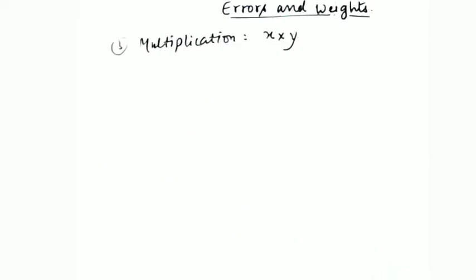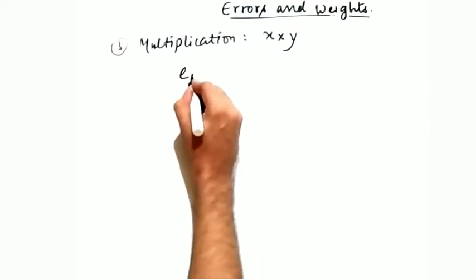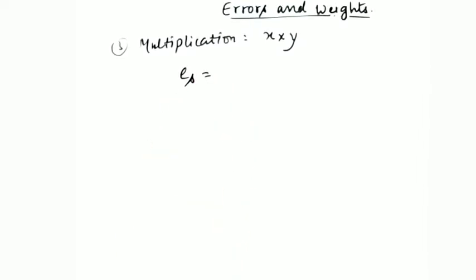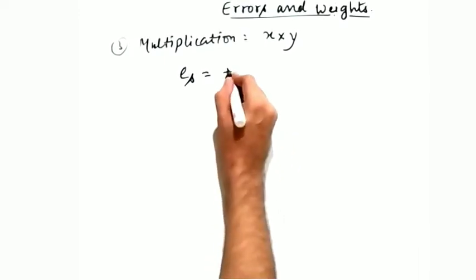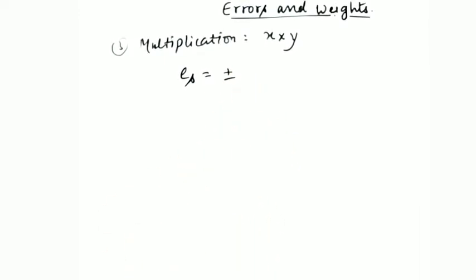Now if I go for multiplication, that means x times y, then what will be the probable error associated with x times y? It will be equal to ES, let us denote it with ES. Again it will be plus minus. I forgot to mention this plus minus in addition and subtraction. So it can be positive, it can be negative as well.